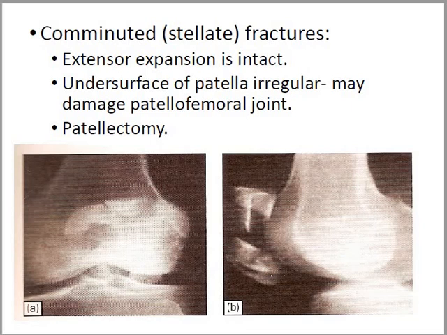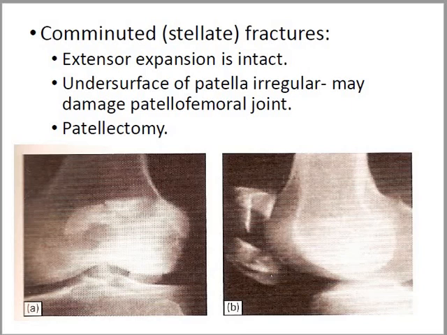But the undersurface of the patella is irregular and may damage the patellofemoral joint. So if we can do fixation in a reasonable position, we can fix and tie these parts reasonably. If there are big pieces, we try to fix them, wait for healing, and then do physiotherapy.